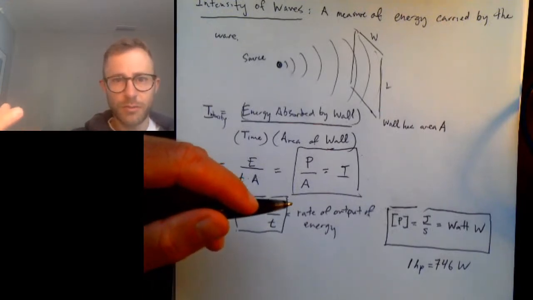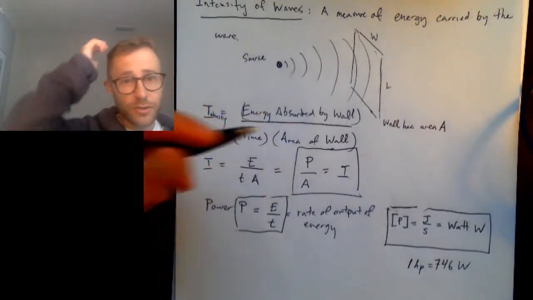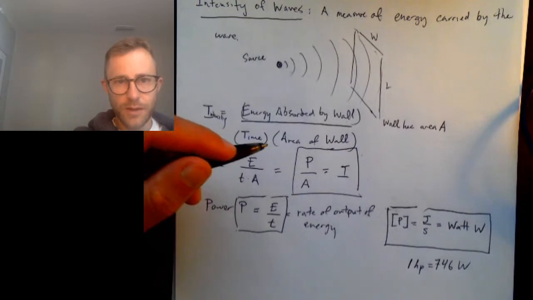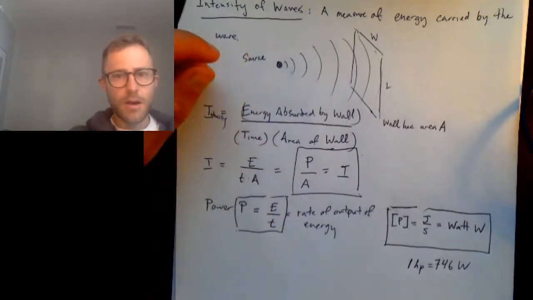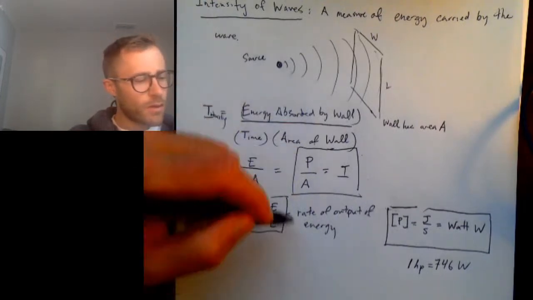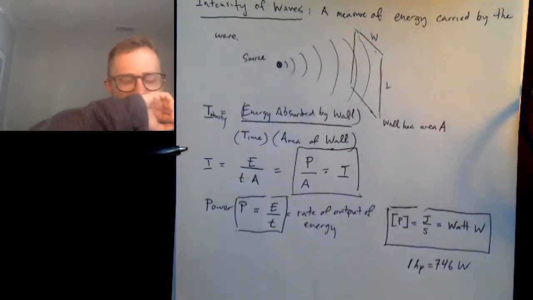So 60 watts means that that light bulb, when you plug it into the socket, is consuming 60 joules of energy per second to produce that light. If you buy an LED bulb, LED bulbs are more efficient, so it might only be 10 watts for an LED bulb.